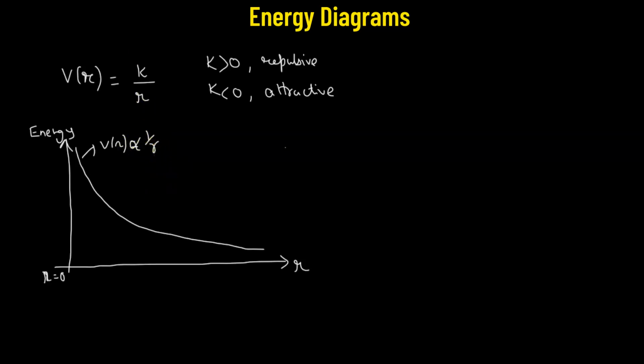Fine. Now we'll consider the value of energy. So let's say we have one particular value of energy, E. Now the energy is going to intercept this potential at a value, let's call it R minimum. We'll come to this in a moment. So this R minimum is referred to as the distance of closest approach.